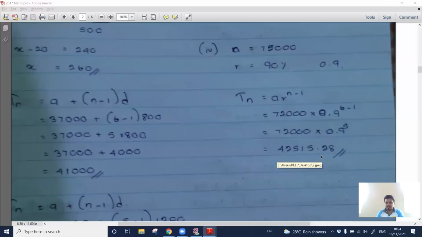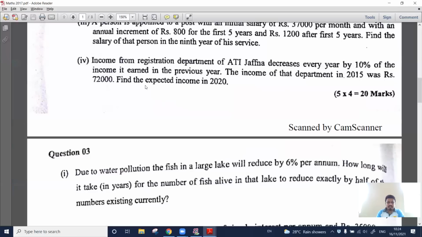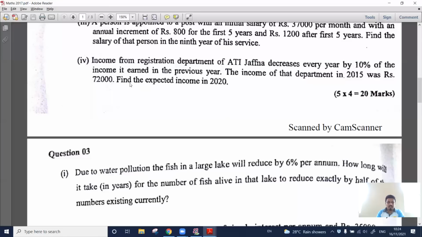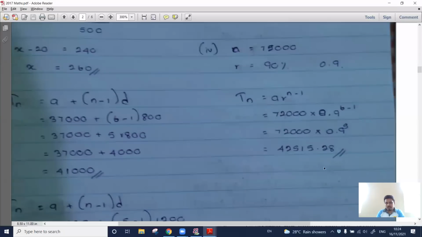Right? Give 5 marks. And rather than leaving it just like this, it is better if you can write: Therefore, the expected income in 2020 is 42,515.28 rupees. මේක මේ විදිහට කිව්වත් ලකුණු හම්බ වෙනවා ප්‍රශ්නයක් නෑ.